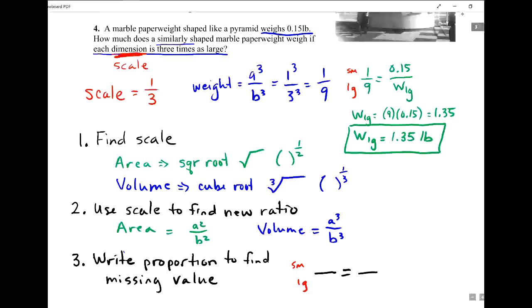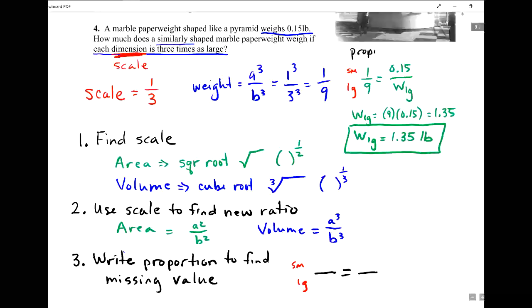Well, we know that weight follows a volume ratio. So we know that our weight ratio is cubed, a cubed over b cubed. So we get a 1-to-9 ratio for our weight. Then we are going to use that to write a proportion.